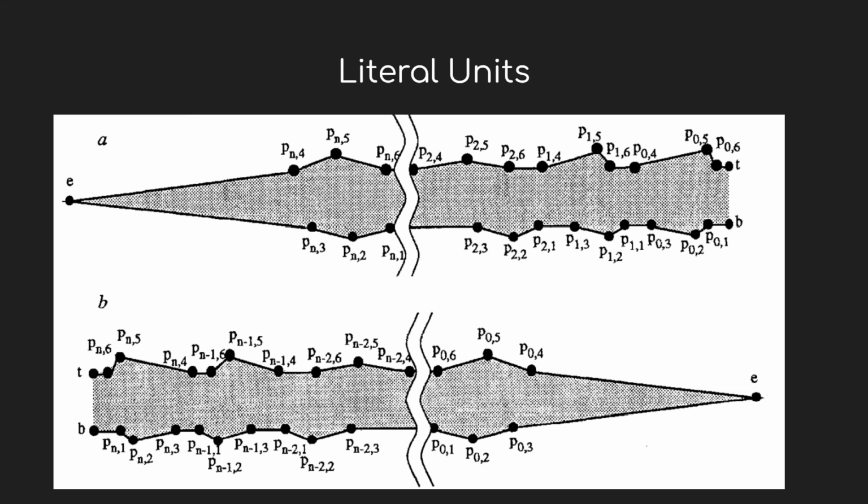So if the variable is set to true, then the literal unit on the left will have all the guys in the bottom, and the literal unit on the right, below, is going to wind up being on the right of the overall structure. If the points are in the bottom of one, they have to be on the top of the other, basically. And if it's at the bottom, then that means that literal will have the value of true.